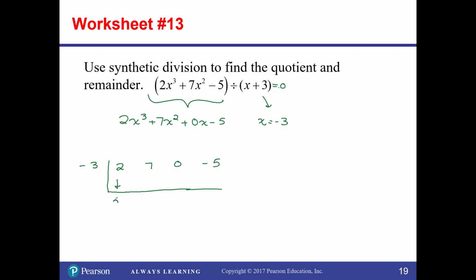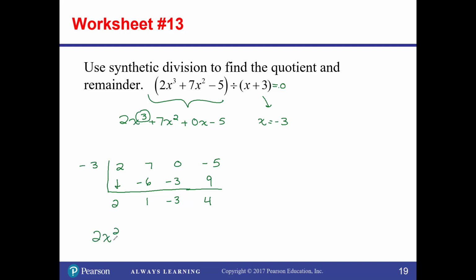So like I said, we drop down that 2. So 2 times negative 3 is negative 6. We add the 7 and the negative 6, we get 1. 1 times negative 3 is negative 3, added to 0 is negative 3. Negative 3 times negative 3 is 9, leaving me with a 4. So we started out with degree 3, so this is going to be starting out with degree 2.